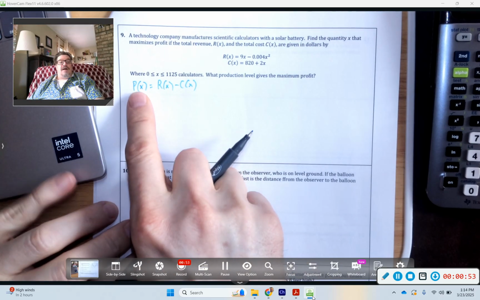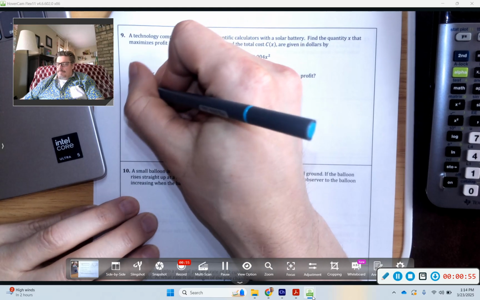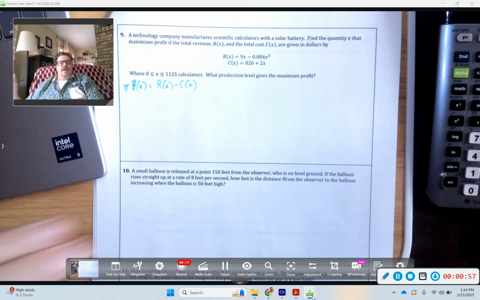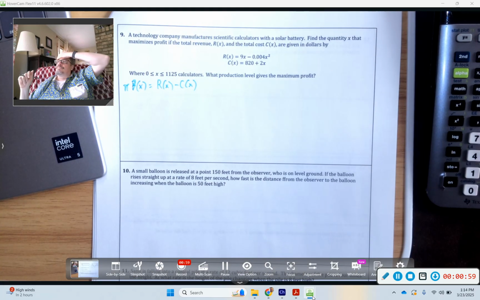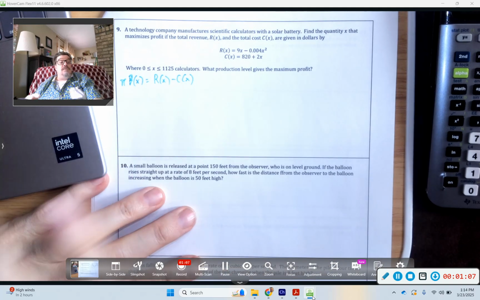We're only dealing with 0 to 1125. P is profit, and sometimes they use the letter pi, because P can also mean something else, but pi is often used as the profit function. But anyways, that is a moot point.